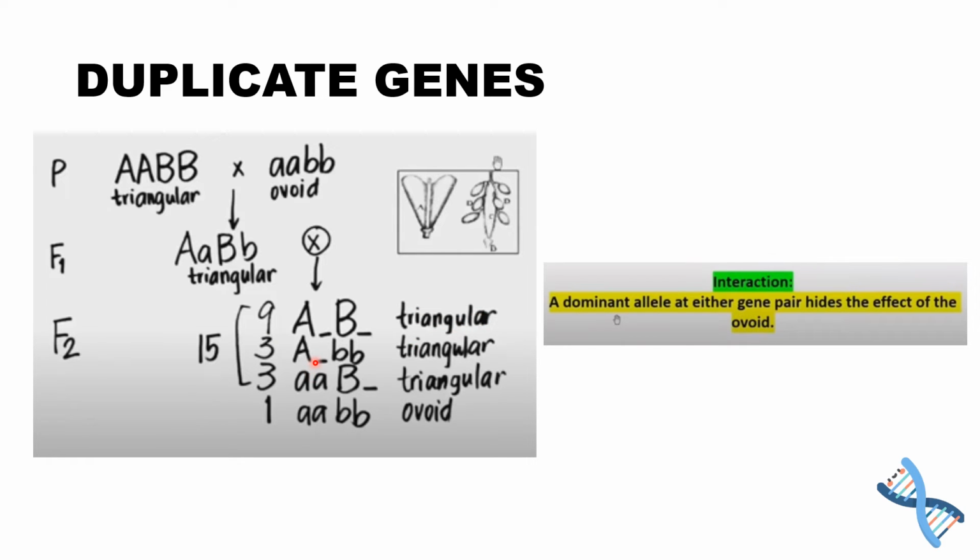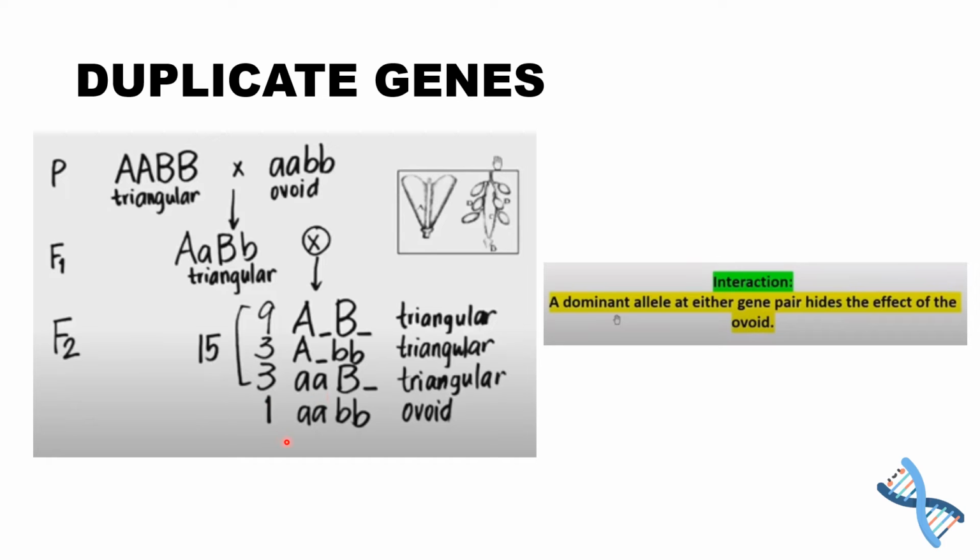Dito naman, may present ka ng homozygous recessive B, pero may present ka rin ng dominant A. So, magiging triangular pa rin yan kasi nga may present ka pa rin ito. Same here, may present ka ng homozygous recessive A, pero meron ka nitong dominant na B. So, magiging triangular pa rin siya.